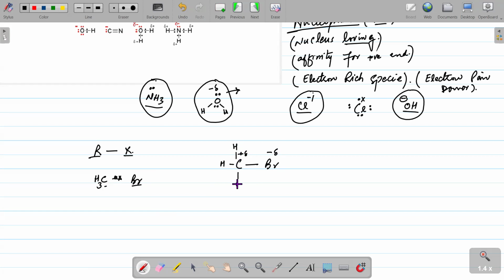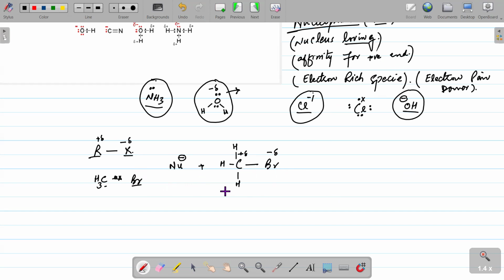So in halogenoalkanes, we normally have this polarity due to difference in electronegativity. You can see there is partial positive on carbon and partial negative on bromine. So if any nucleophile comes near it like this, we have already discussed that a nucleophile has attraction for the positive end.